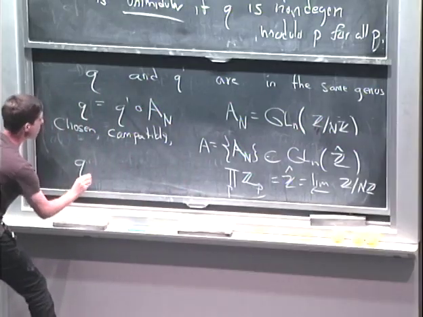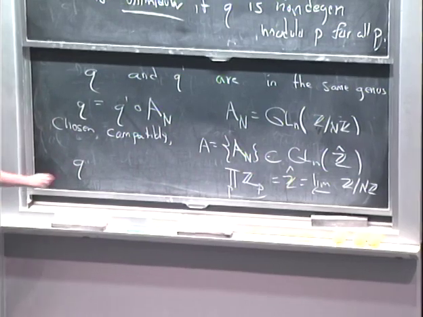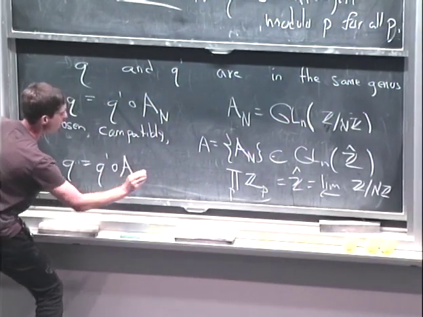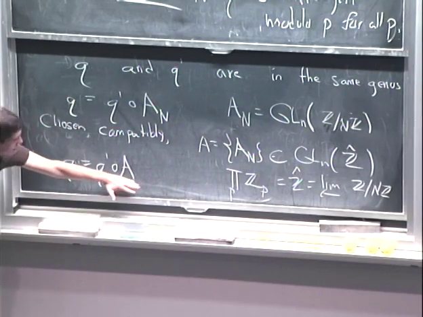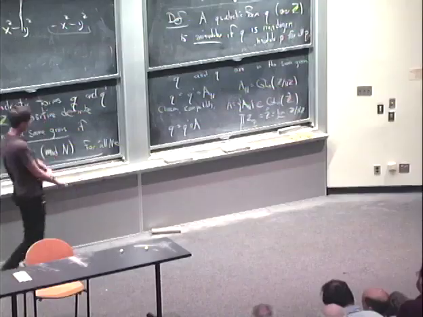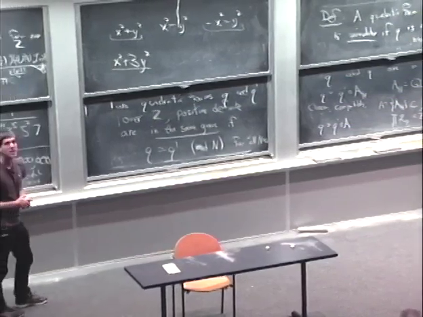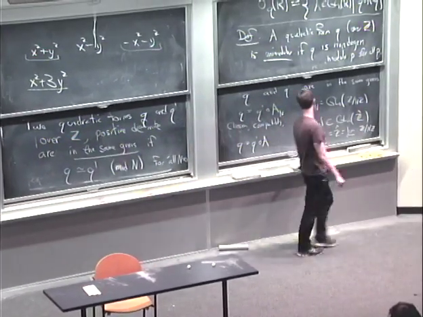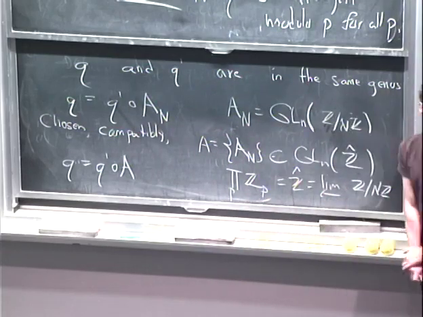And then we learn that Q and Q prime are equivalent over the ring Z hat. So Q is Q prime composed with A. This is now a linear transformation over the ring Z hat. So maybe they're not equivalent over Z, but they're definitely equivalent over Z hat. And therefore, they must be equivalent over the p-adic integers for every prime number p.